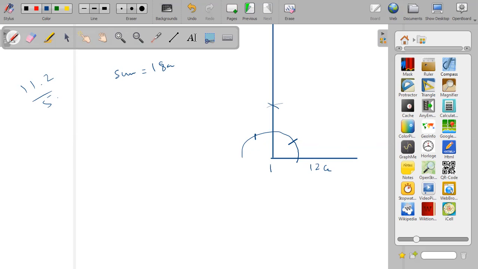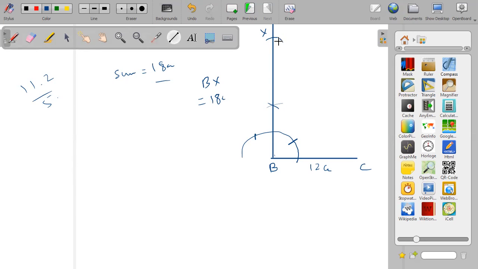So from B, this is your B, suppose this is BC. From B, you have to cut 18 centimeter. This is your X point. BX is equal to 18 centimeters.